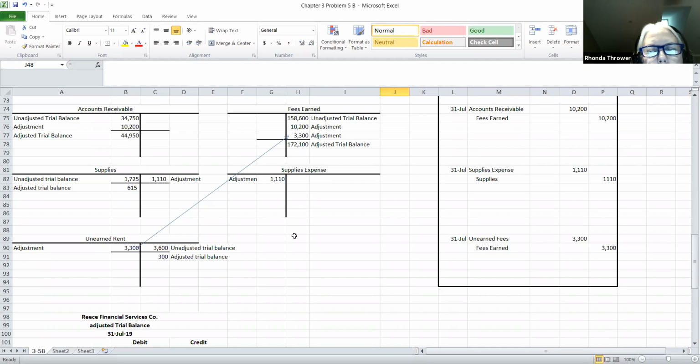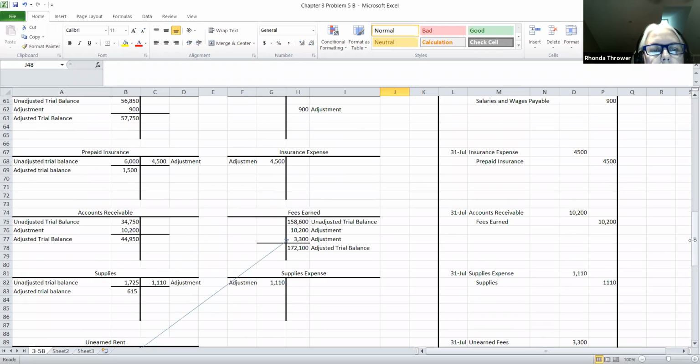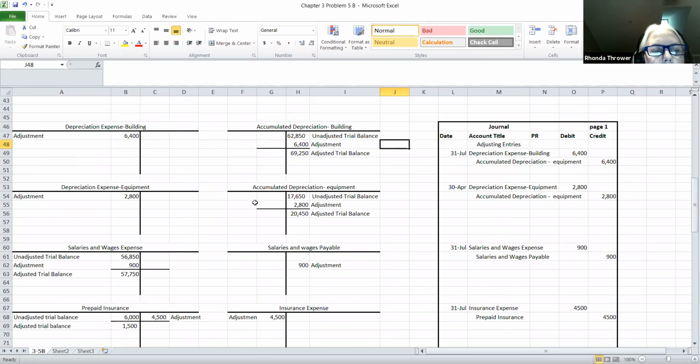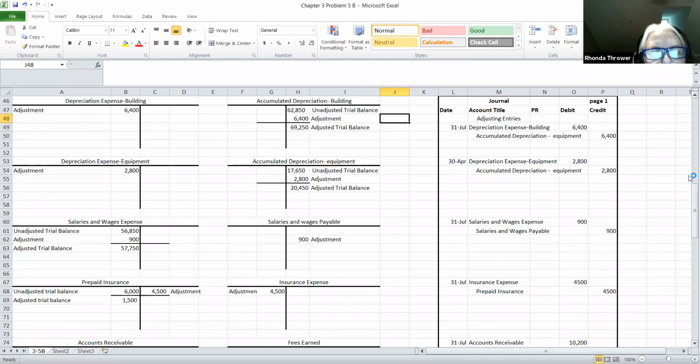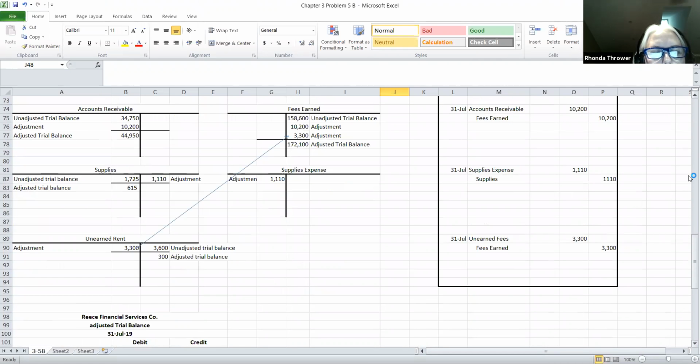We now have earned $3,300 of that. How did I know that? The additional data told me that we have unearned rent at the end of the period of $300. So my unearned rent has $300 at the end of the period.